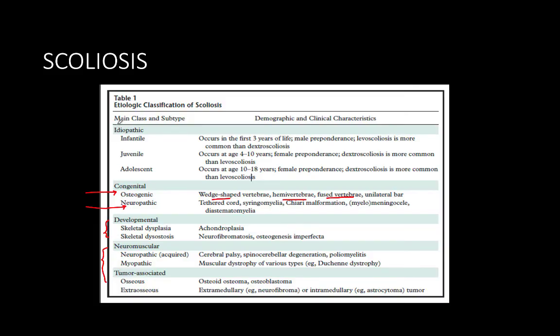So the type that's most manageable for us and most common in the adolescent group is the idiopathic type. And typically we're dealing with an adolescent idiopathic type. Infantile and juvenile scolioses have a much higher incidence of being non-idiopathic.